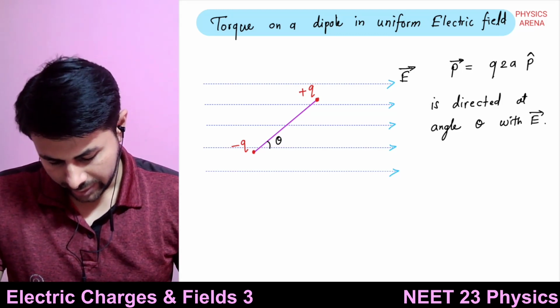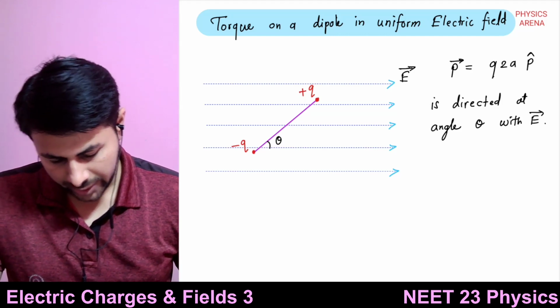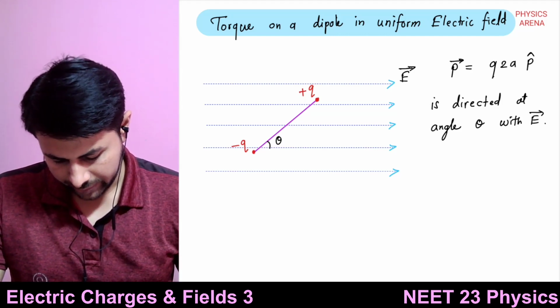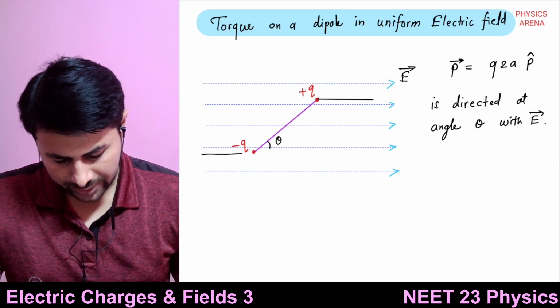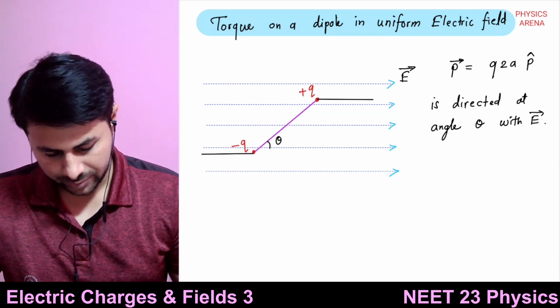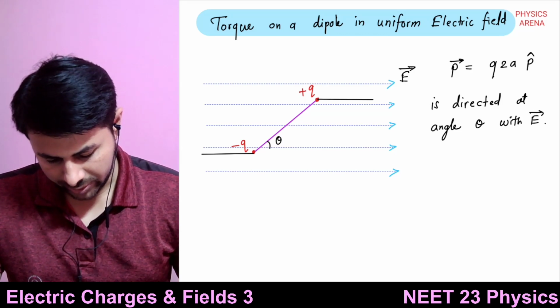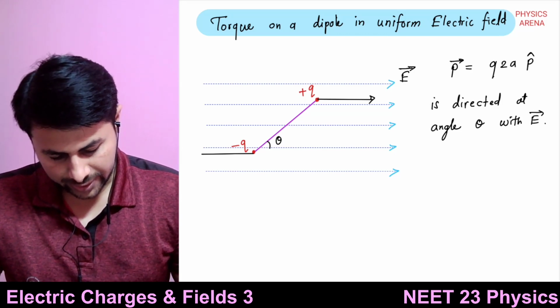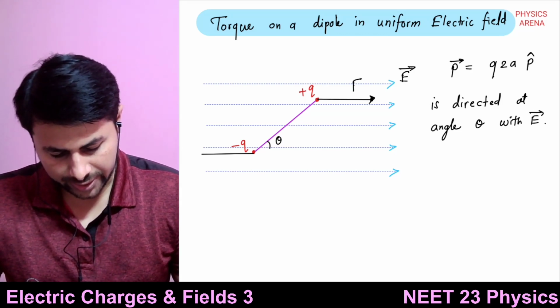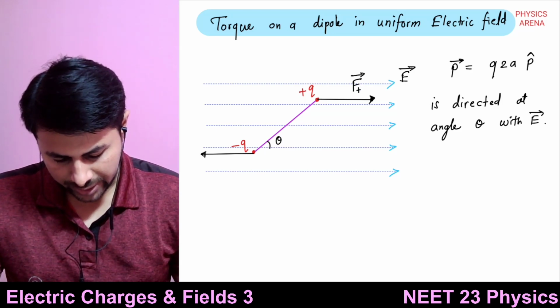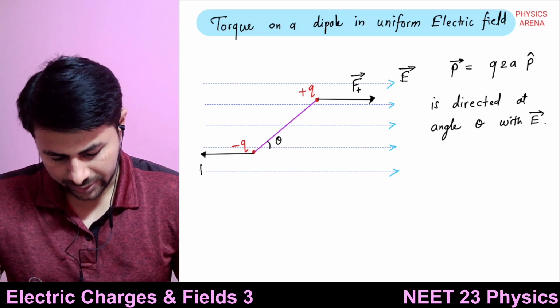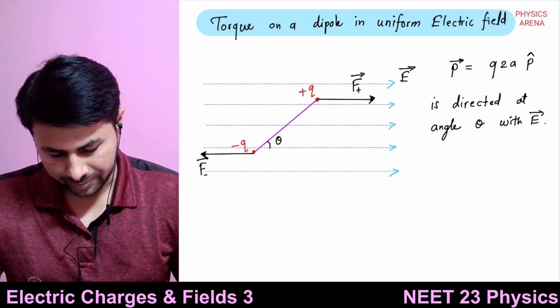So there is a force on the positive charge as well as the negative charge. Force on the positive charge is directed like this. Let's call it F plus bar, and force on the negative charge is directed like this. Let's call it F minus bar.